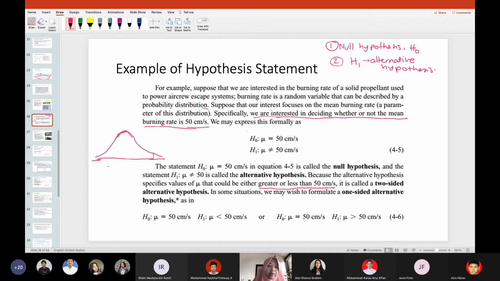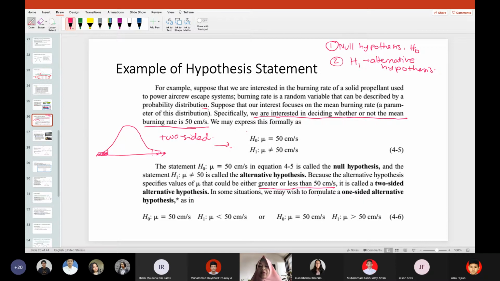Now this one. Maybe I will draw it to make it better. It can be like this. This is called two-sided or two-tailed.